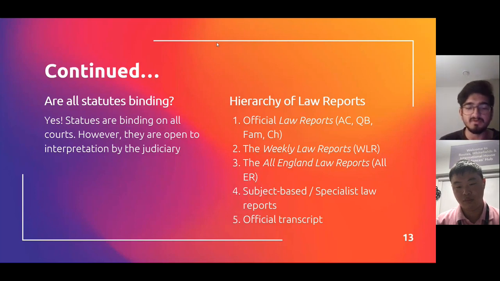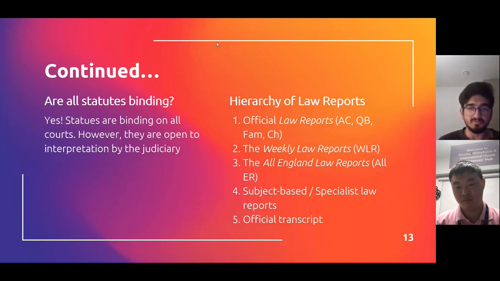However, the courts and the judiciary have the power to interpret certain provisions of the statute, which may be ambiguous, or where the meaning is not necessarily easy to discern.